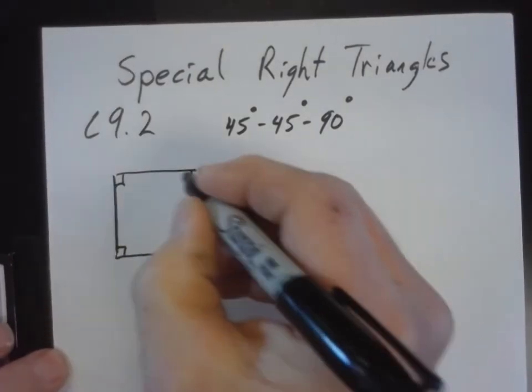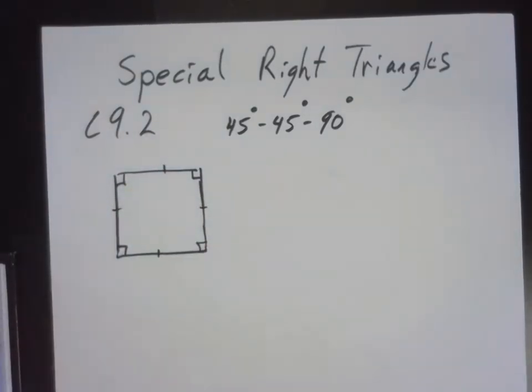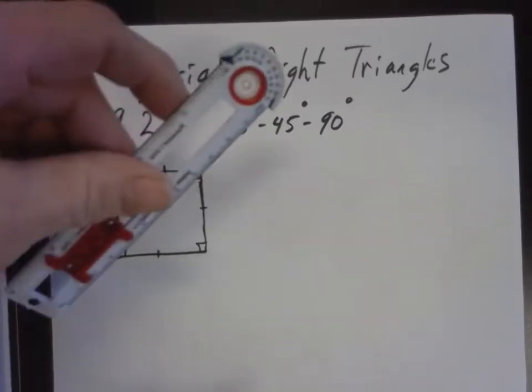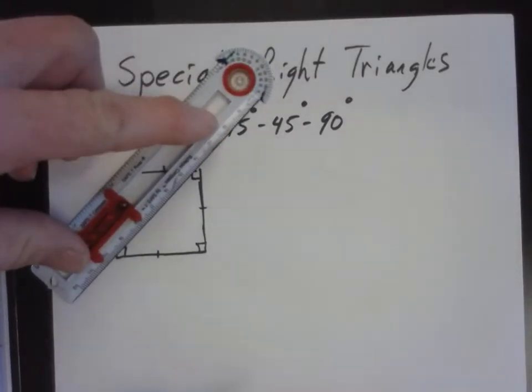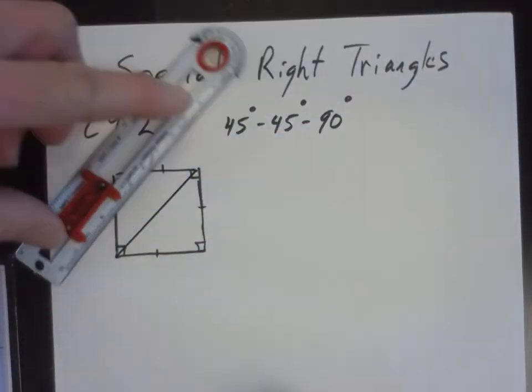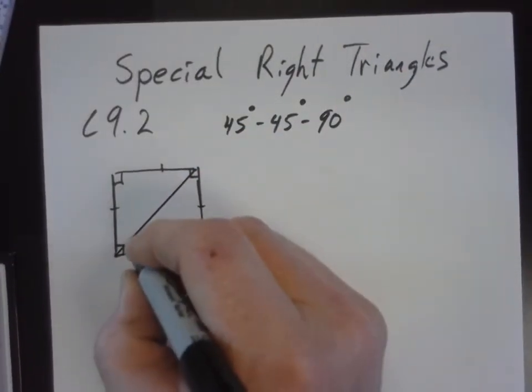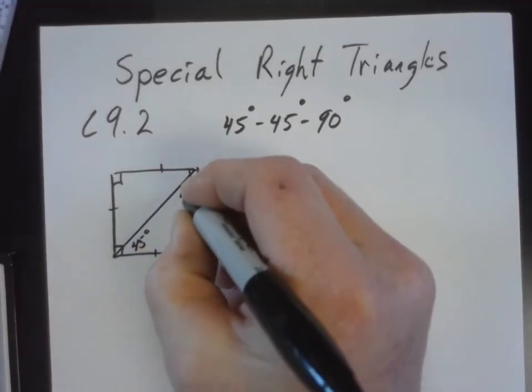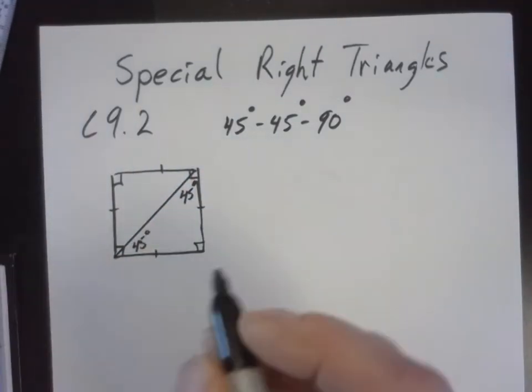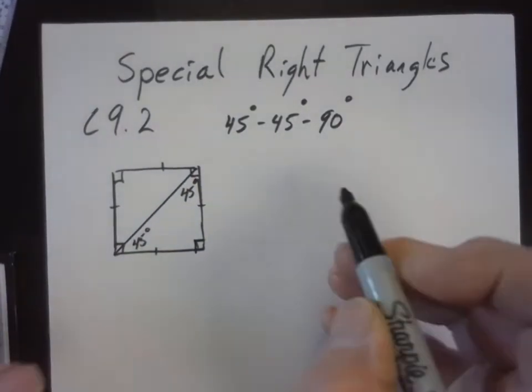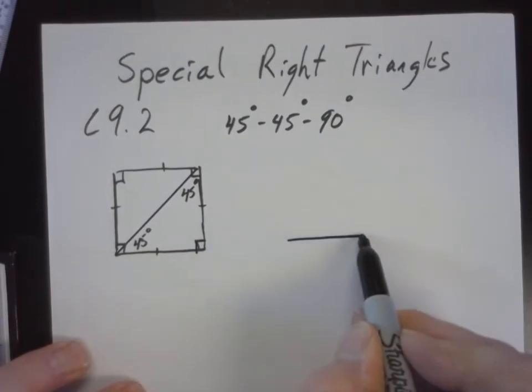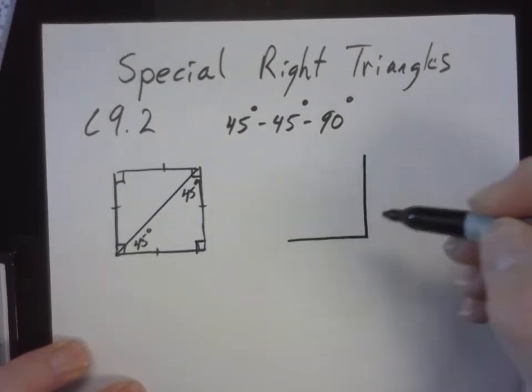I guess I should mark the sides congruent as well. If I draw the diagonal of a square in, I have two 45, 45, 90 triangles. And I'm just going to draw one of them over here separately for us.